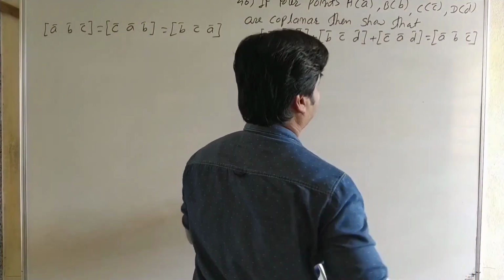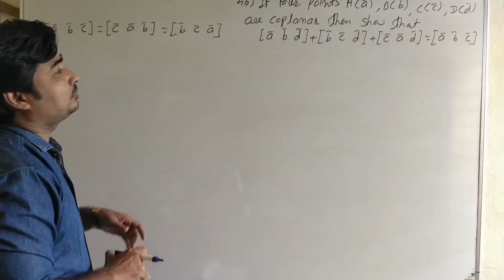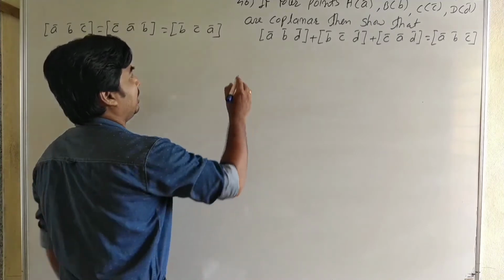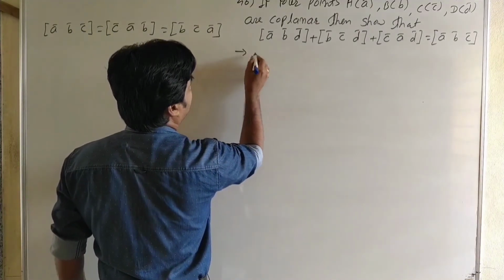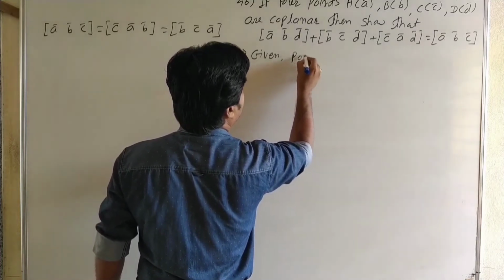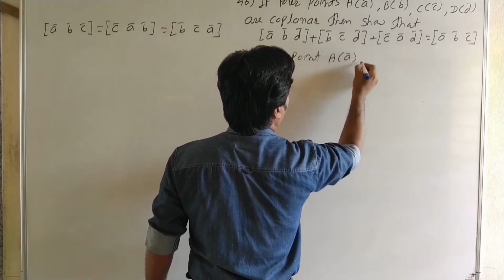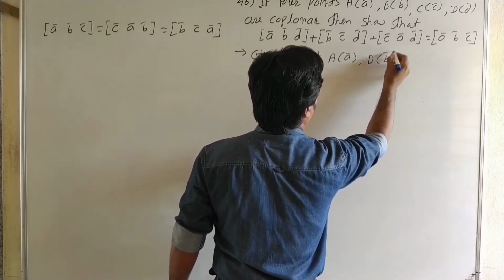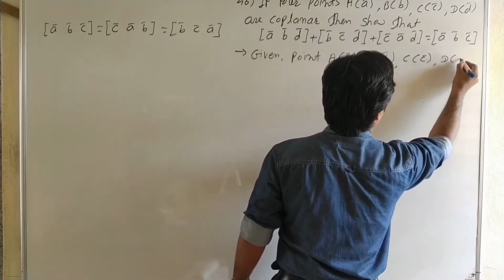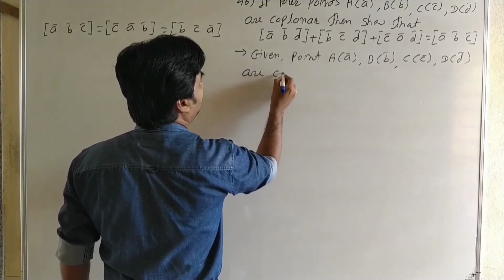Now here, given that the four points are coplanar, points A with position vector A bar, B with position vector B bar, C with position vector C bar and D with position vector D bar are coplanar.